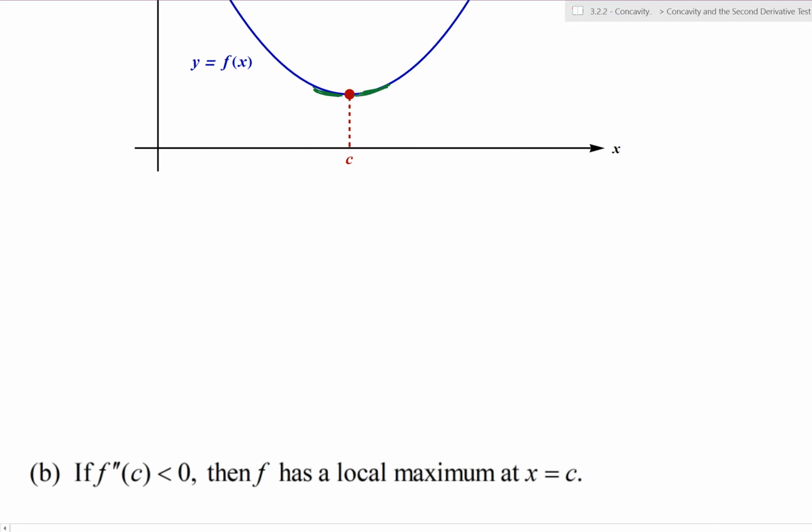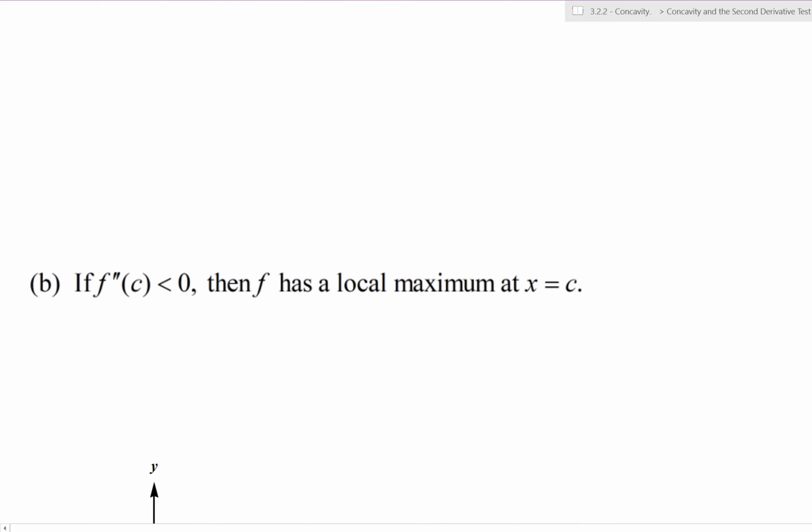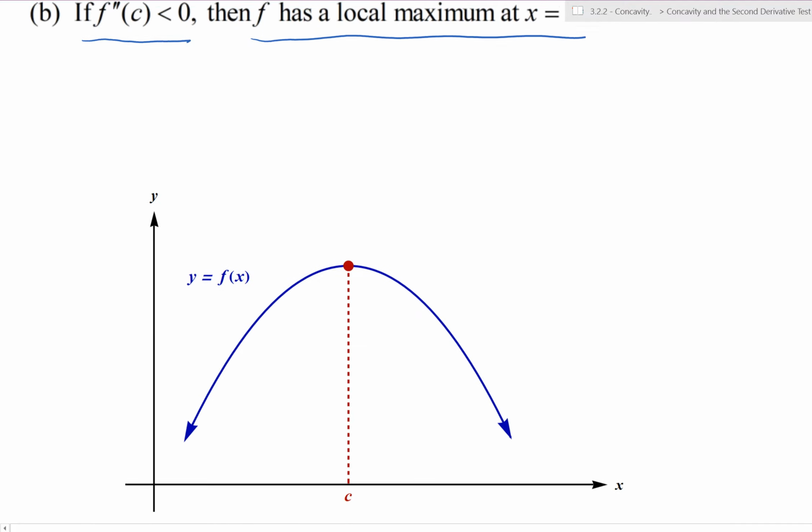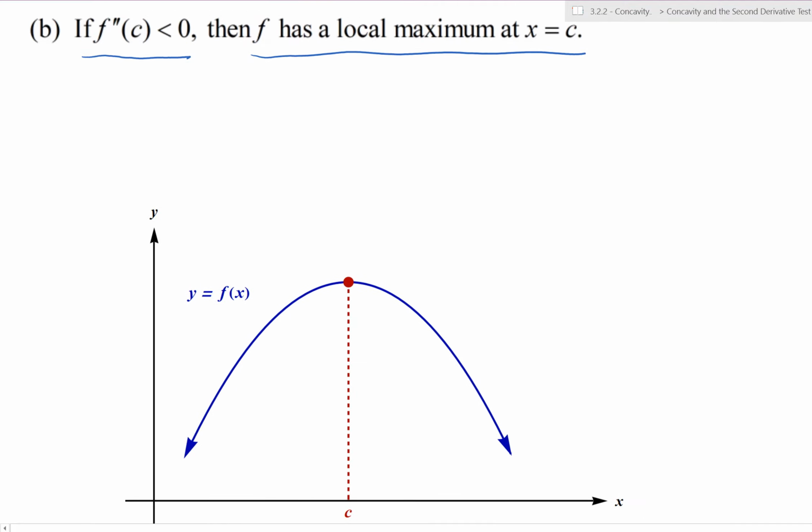The other part, you may think, is to switch it around. If the second derivative at this type 1 critical point is negative, then the function is claimed to have a local maximum at x equal to c. Again, looking at this picture, we must have a continuous function at least nearby, to the left and to the right of c.